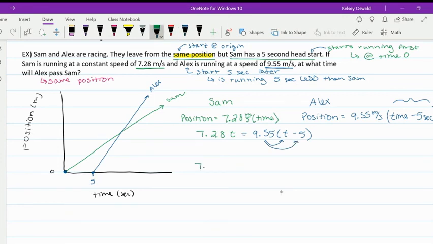So when we simplify this, we'll get 7.28t is equal to 9.55t minus 47.75. And from here on out, it again just becomes an algebra problem. So we can subtract 9.55t from either side and then divide, and we'll find that they're going to pass after a time of 21.04 seconds.